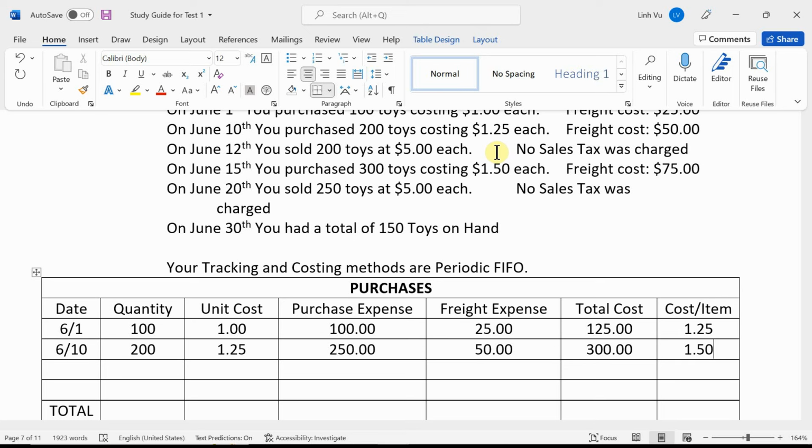With periodic, we wait till the very end and then take our batches of inventory and get rid of it. So for now, we ignore that we sold those 200 units. All right, what about on June 15? You end up purchasing 300 toys costing $1.50 with a freight of $75.